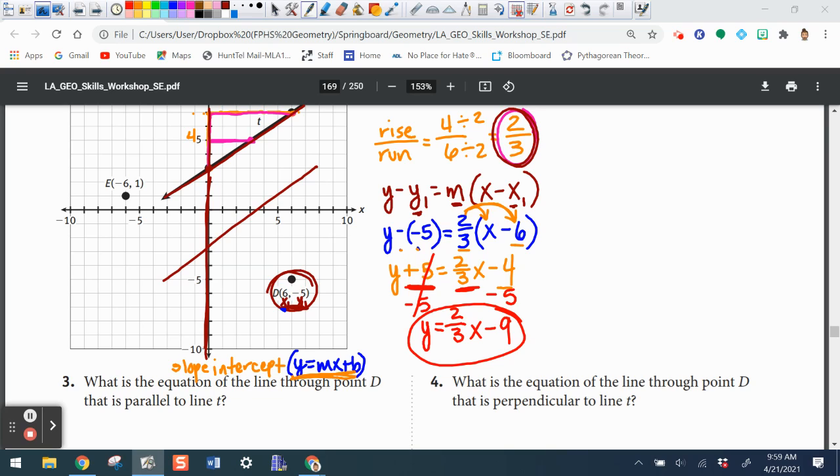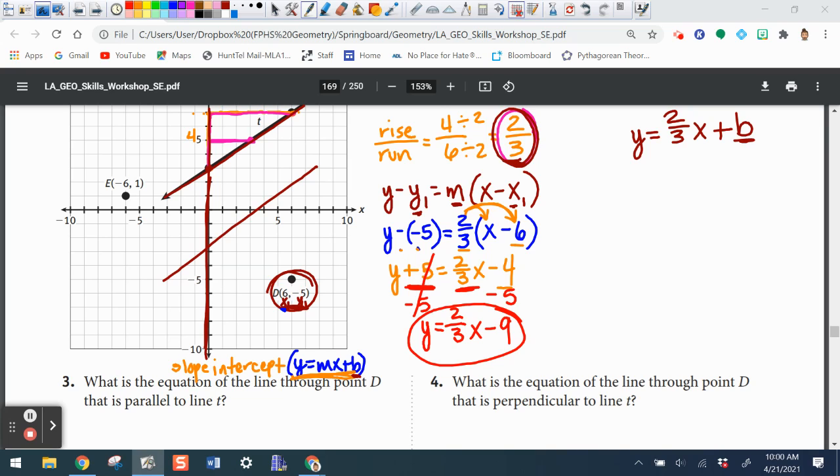So what that means is it's going to have a different y-intercept. So what we're going to do is use slope-intercept form to find that new y-intercept. So for the equation of the line through point D that is parallel to line T, we know that it's going to have the same slope as line T, and we've already established it's 2/3, but it's going to have a different y-intercept. Notice I put a b there in its place.